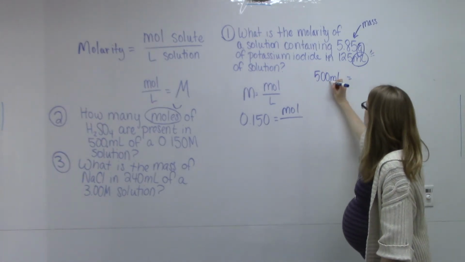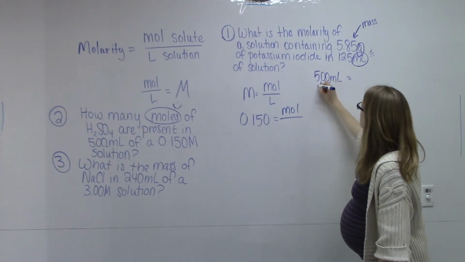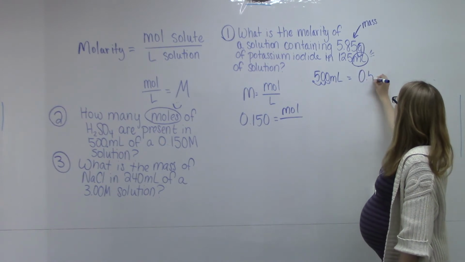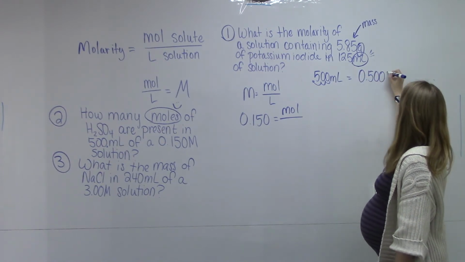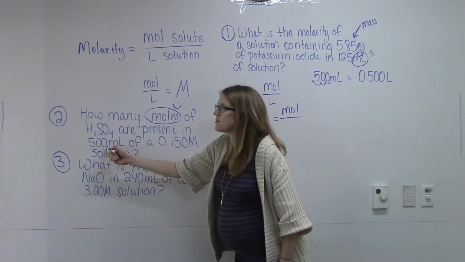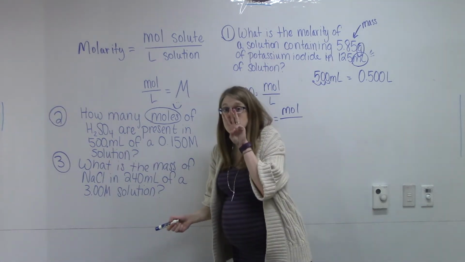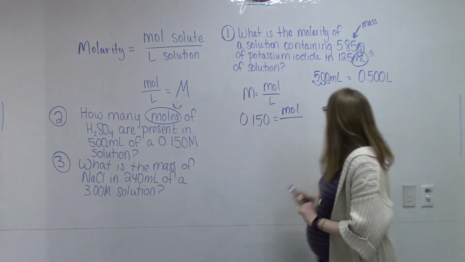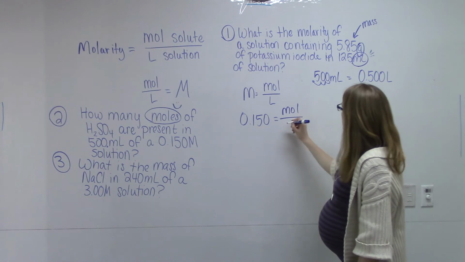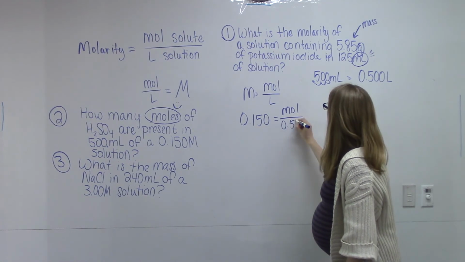We are going to move that decimal place over 3 times. 0.500. And honors students, take note, that little decimal point is there telling you that there's 3 sig figs. So that's why I went ahead and wrote those extra zeros. Academic kids, don't worry about why I did that. So that's going to go on the bottom here.